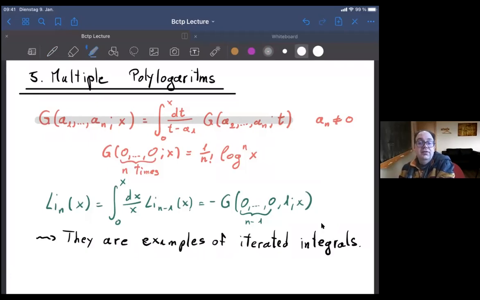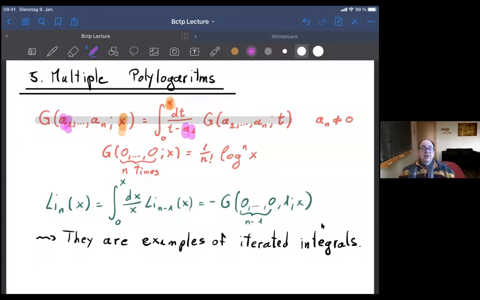So it's a recursive definition. It's a function of n+1 variables called a1 to an and x. X is the upper integration limit, and the others are quantities that appear in the denominator.